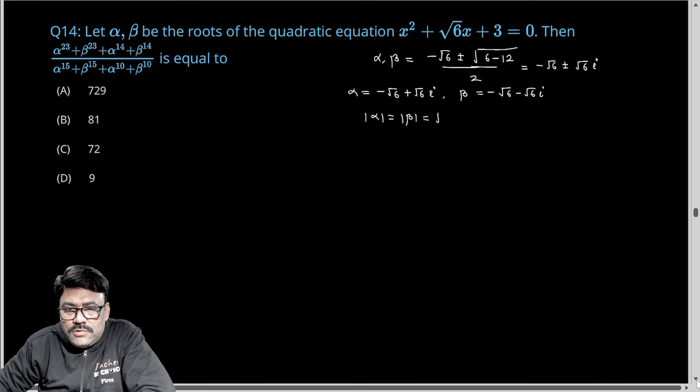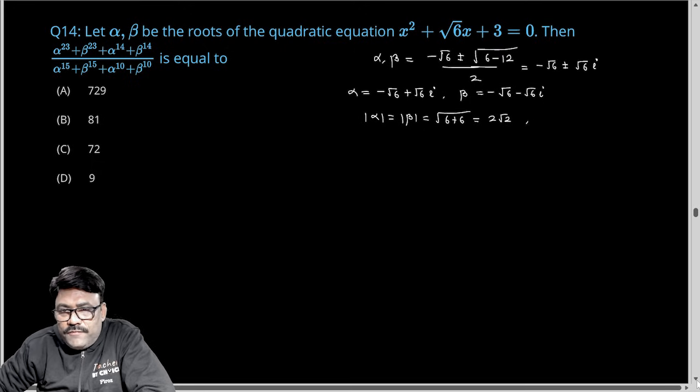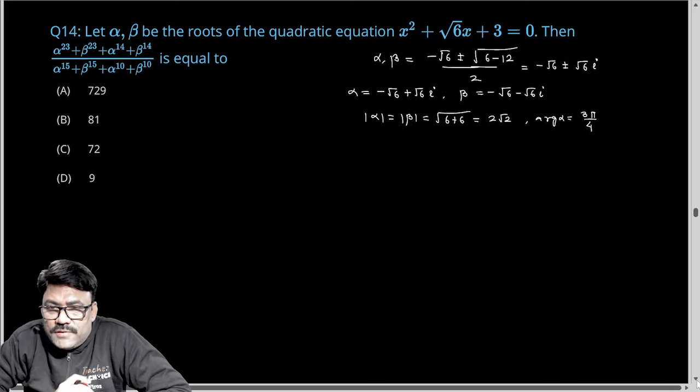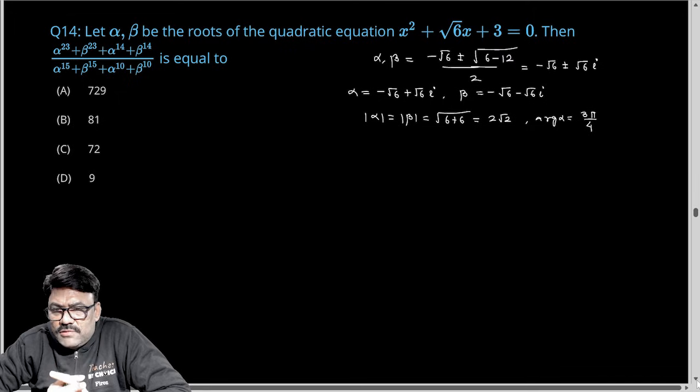That will be under root 6 plus 6, root 12, which means 2 root 3. And the principal argument of alpha lies in the second quadrant, so it is 3 pi by 4.